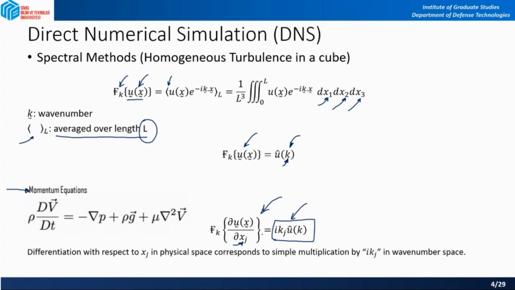What we need to understand is that the operator f is defined to transform from physical space to spectral space. That's enough for us. But for more information on this derivation, ik times u, you can refer to chapter 6 of Pope's Turbulence book.